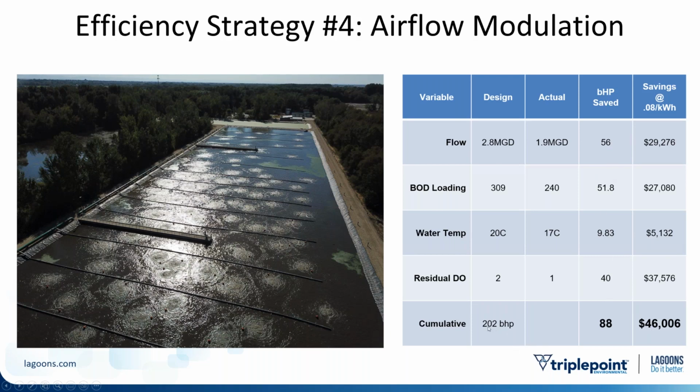So the delta is 202 brake horsepower for design to 114 brake horsepower today, for savings of 88 brake horsepower. So by turning down the airflow to meet the needs of the actual conditions that we're seeing today, Eagle can save $46,000 every year. So it's important that if you have a new system, you don't flick it on to full bore, because that's not necessarily the most energy efficient way to go about it.